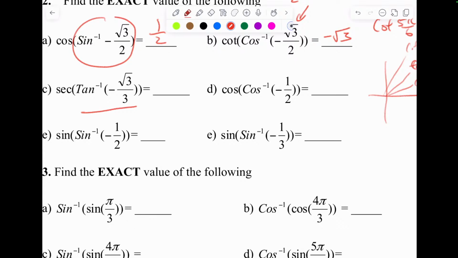And what is secant of negative pi over 6? Okay. Justin, you want to help her out? What is secant of negative pi over 6?